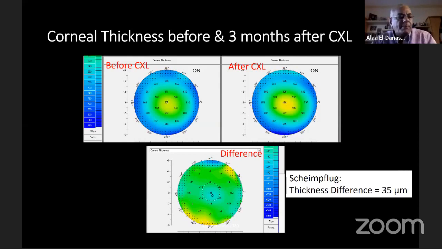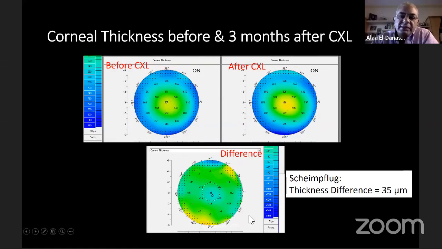Now, comparing the corneal thickness measurement with the OCT versus Scheimpflug, I have this interesting case. This patient had cross-linking. On your left-hand side is the corneal thickness measured with the Scheimpflug before cross-linking. On your right-hand side is the same patient 3 months after cross-linking.